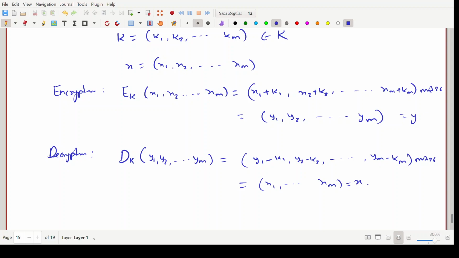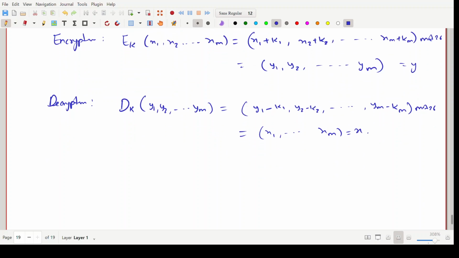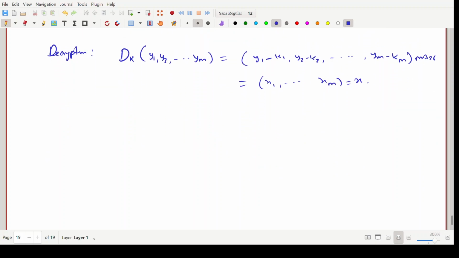A simple example you can take here. What is happening actually? You have to divide your plain text into blocks. Suppose I have the message, hello world, I am a king. So suppose this is the message I am having.